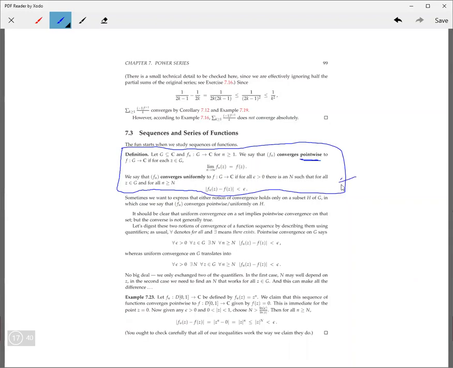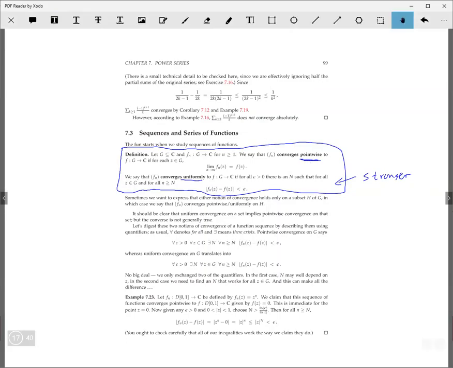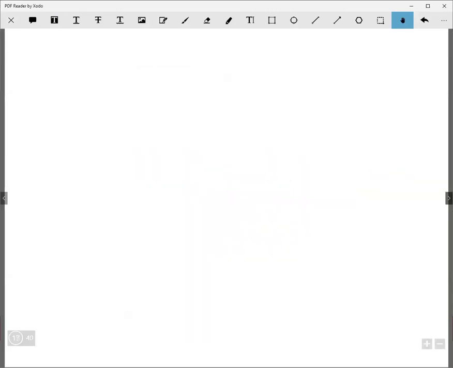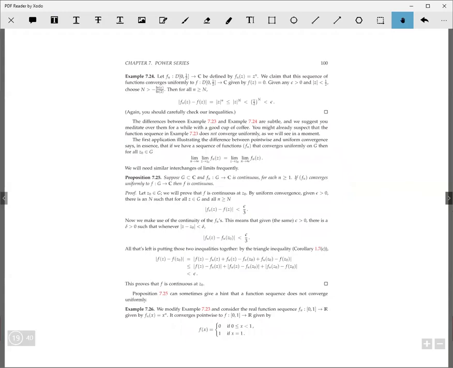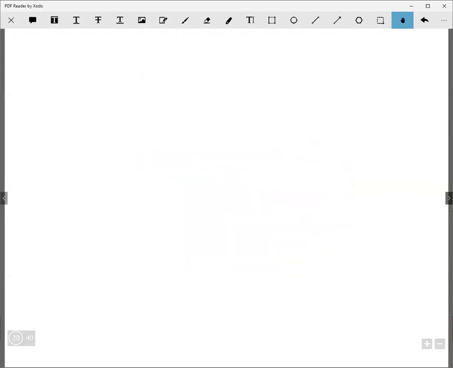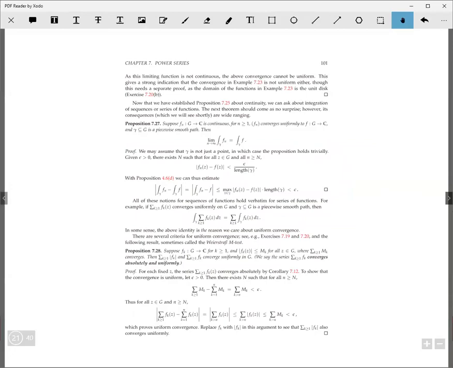I'm not going to get too much into detail on that, but I just want you to know that uniform convergence is stronger than pointwise convergence. Okay, I think that's the only thing you need to know. The definitions are there in case you're curious. But for what we're doing, I don't think that's really the focus.